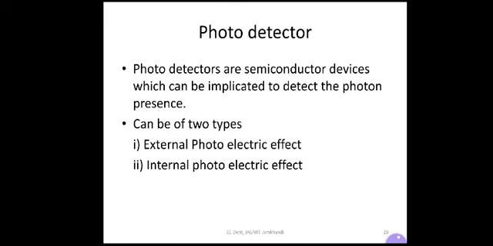The external photoelectric effect is the one in which the electron becomes free from the metal surface by energy absorption obtained from streams of incident photons. Photomultiplier tube and vacuum photodiode are implementations of the external photoelectric effect.